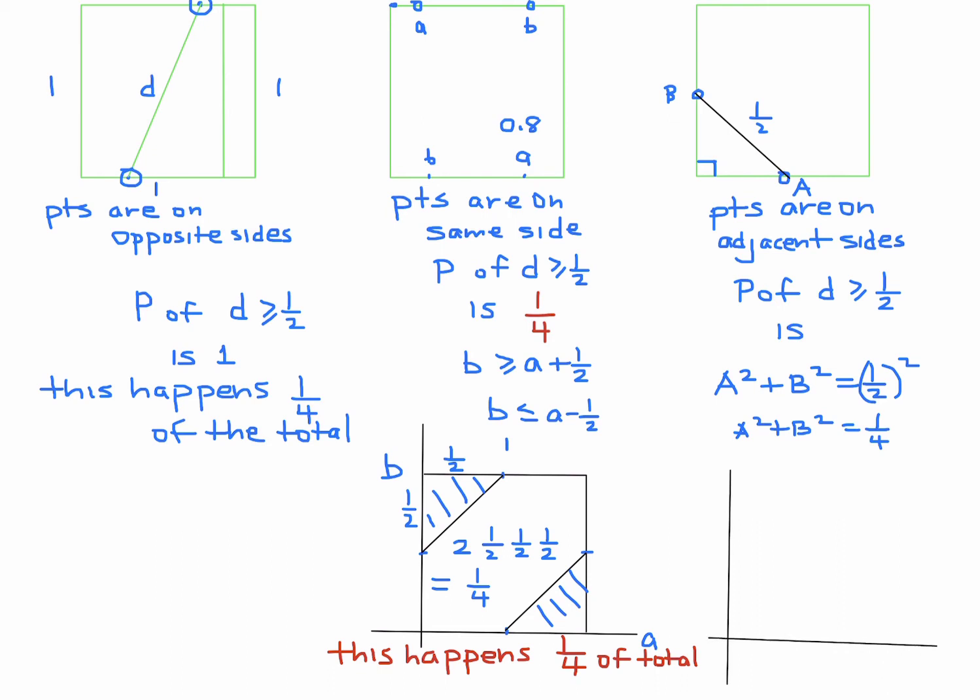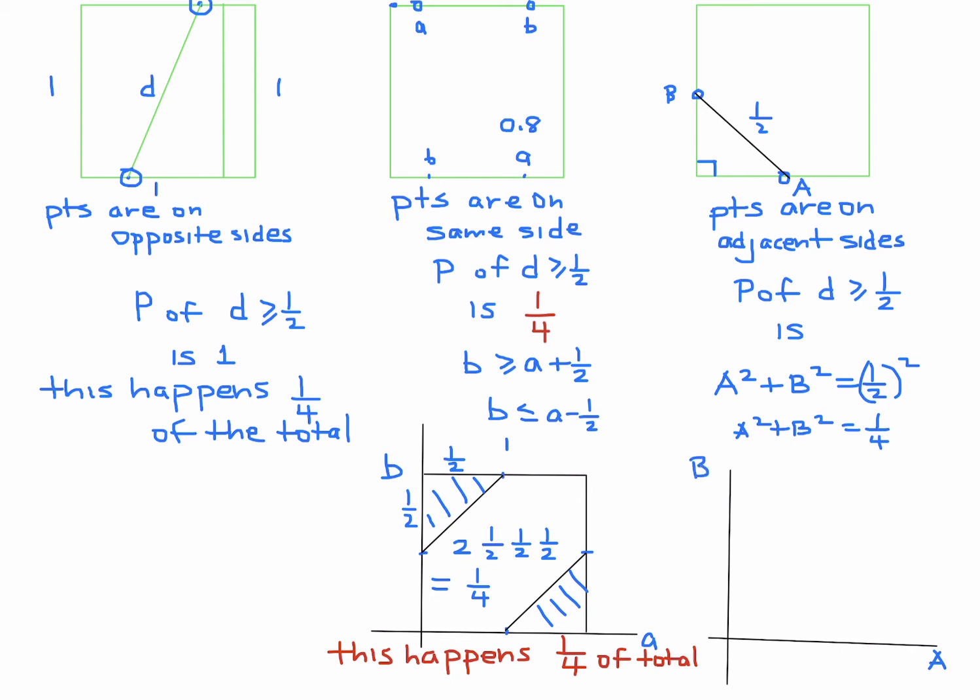Well, I hope you can recognize that this here is really the equation of a circle. It's the circle where a and b are obviously between 0 and 1. So we're only looking at the first quadrant, where this is a and this is b.